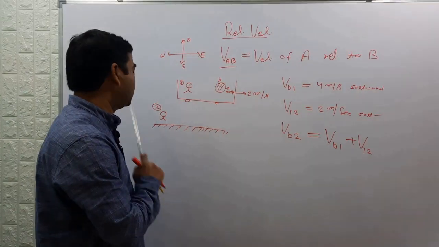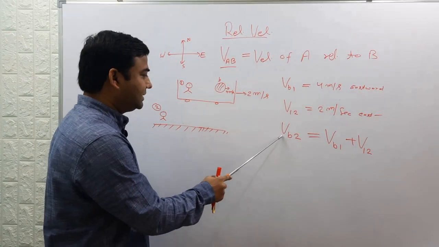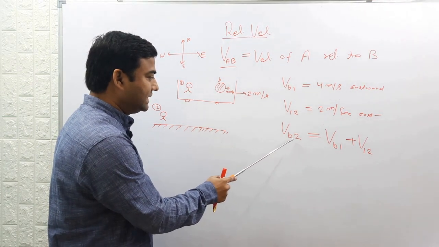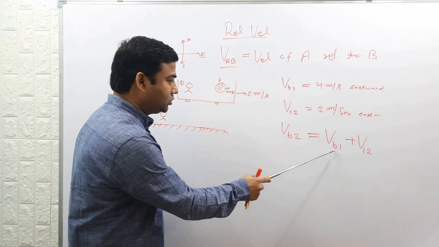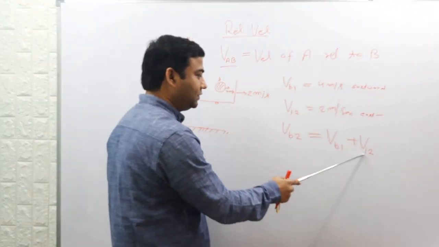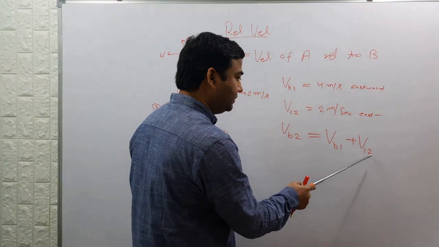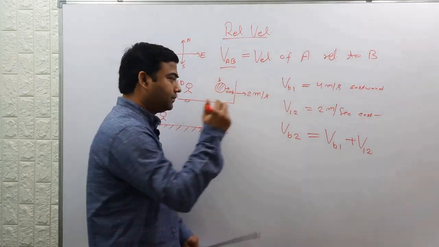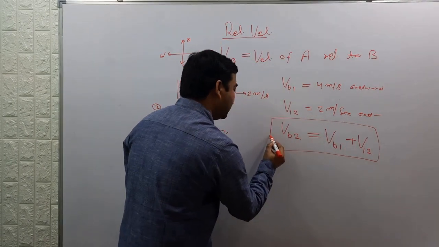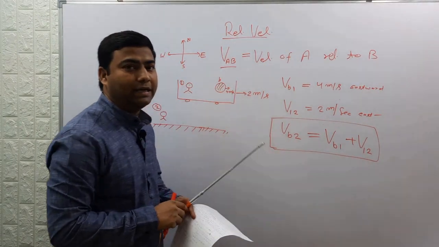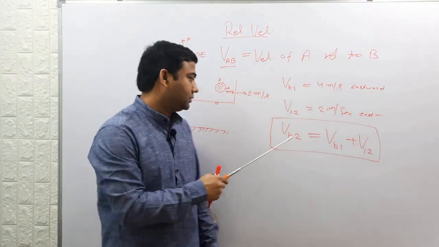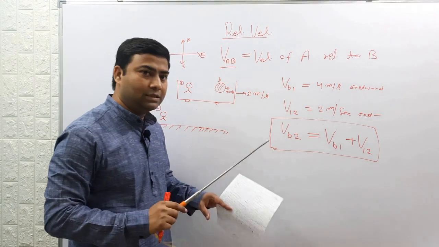That is, the relative velocity of the ball with respect to observer 2 is the relative velocity of the ball with respect to observer 1 plus the relative velocity of observer 1 with respect to observer 2. This expression is called the relative velocity addition law.